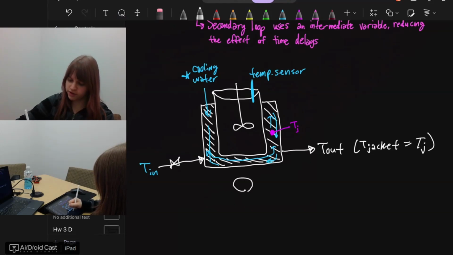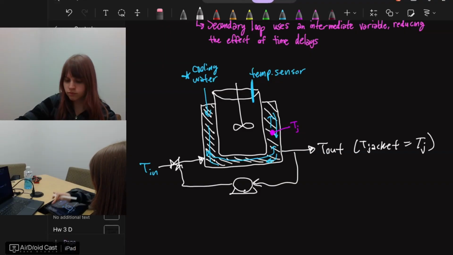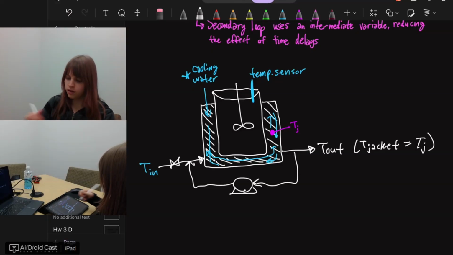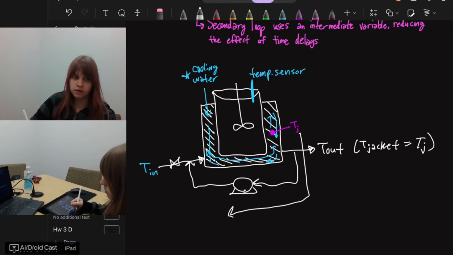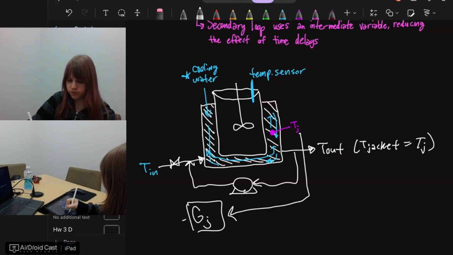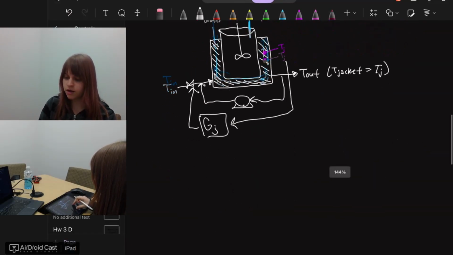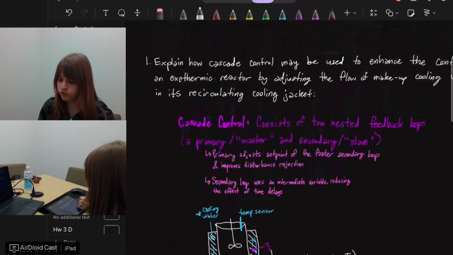We have a recirculating pump. And we have a jacket controller of some sort.